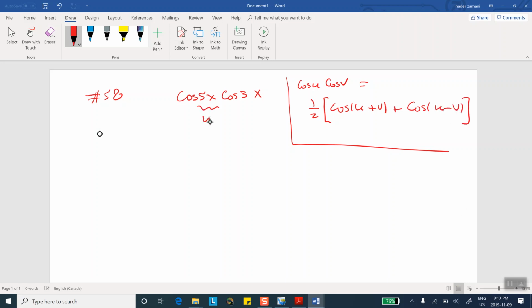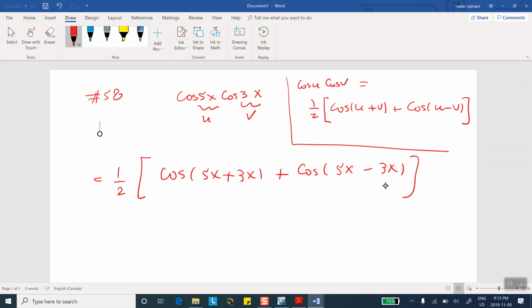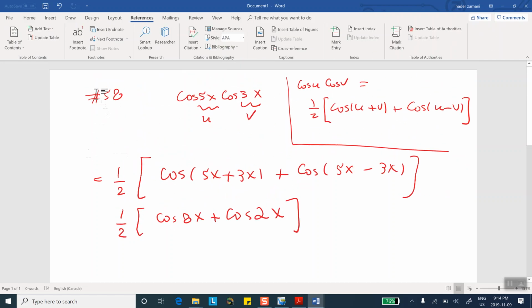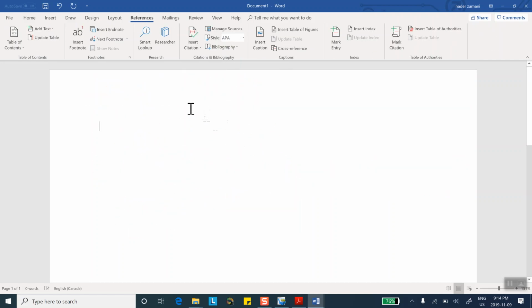So there is a u and there is the v, and this is going to be 1/2 of cosine of 5x plus 3x plus cosine of 5x minus 3x. Clean up. 1/2 cosine of 8x plus cosine of 2x. And there's nothing else you can do, just leave it the way it is. Okay? Let's do the next two.